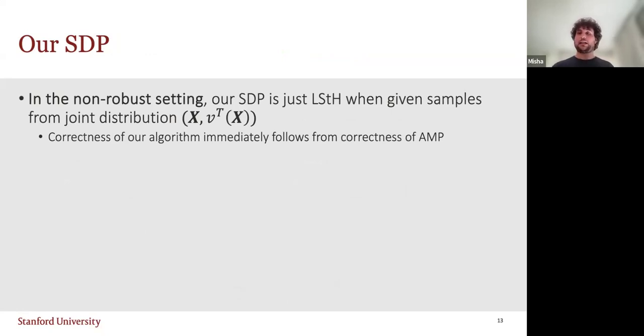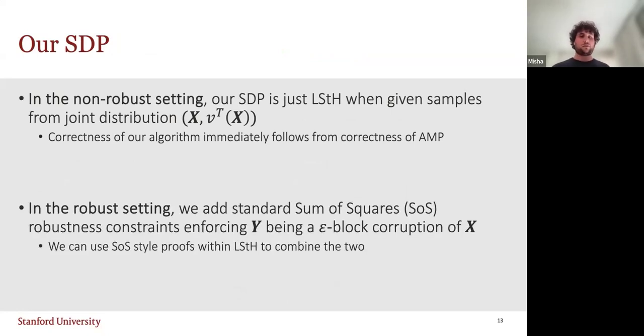This is already pretty neat. We're able to directly simulate AMP iterations, but we take it one step further with robustness. To add robustness, we add standard sum of squares robustness constraints which enforce Y being an epsilon block corruption of X. Now the local statistics hierarchy we can use together with SOS style proofs and the proof system defined through all of these prior works to combine these two types of constraints, these pseudo expectation constraints and these robustness constraints.